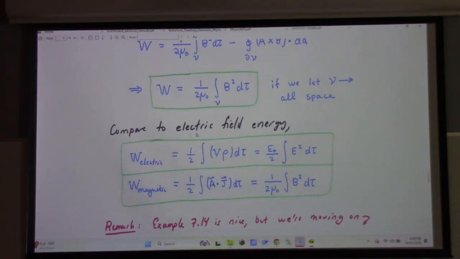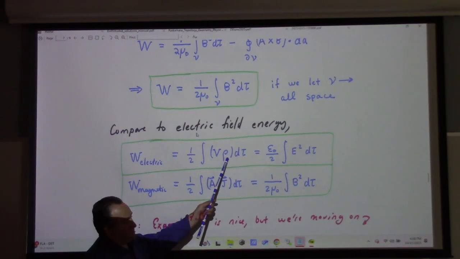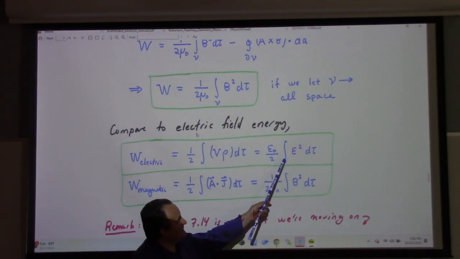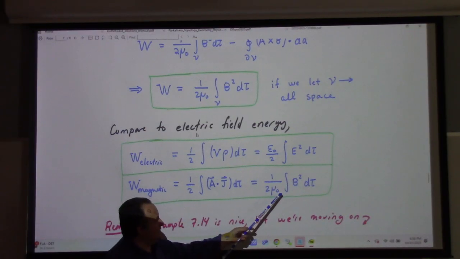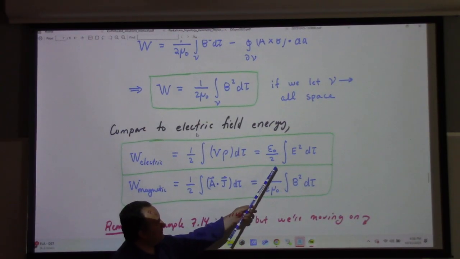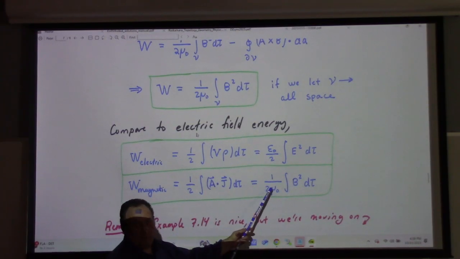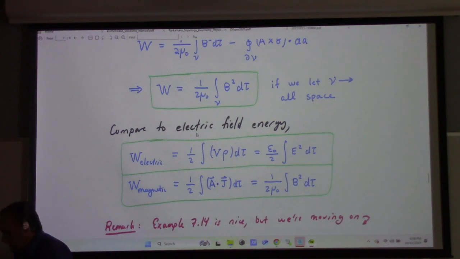We can contrast that to our earlier formula for electric energy, where we integrated the potential times the charge density over the volume, and that worked out to 1/2 epsilon naught E squared d tau. So this is the electric field energy density, and this is the magnetic field energy density. You can see it from this: epsilon naught E squared over 2 or B squared over 2 mu naught. Those are respectively the energy density in the electric or the magnetic field.